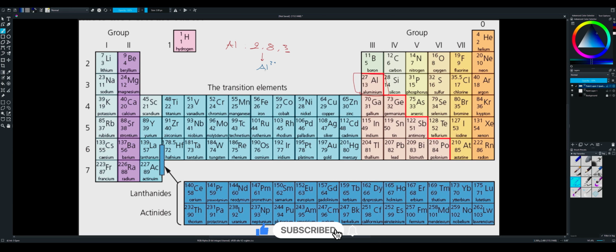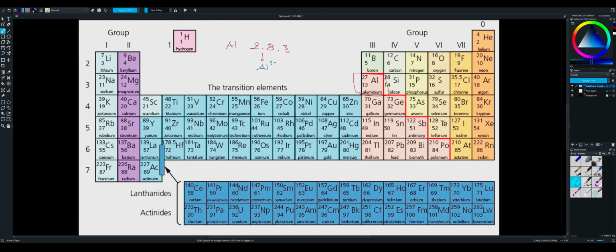So this is very important for us today to know the electronic distribution and how aluminum contributes in chemical reactions. Back to our topic, which is the extraction of aluminum.